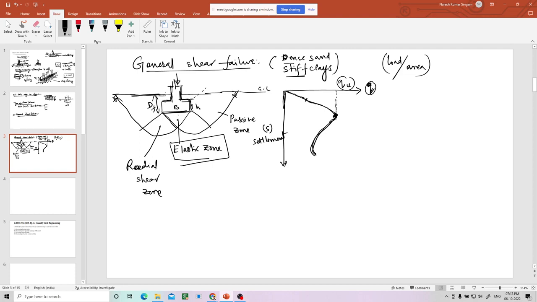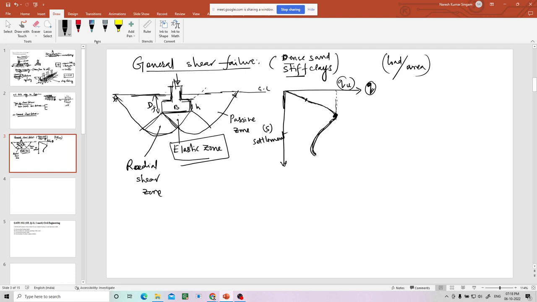This part will move down with the footing, this part will be in the elastic zone only, its response is under elastic only. Then this is the zone which will be subjected to shear, that too radially, it will move in radial direction, whereas this will be pushed up. That is the reason why this is called the passive zone. There are different zones formed.